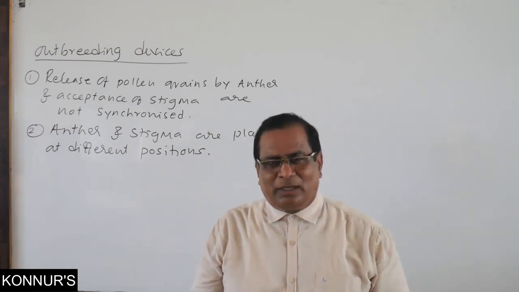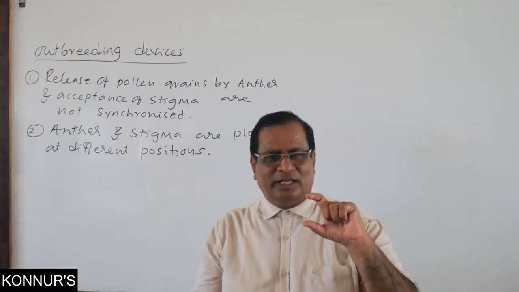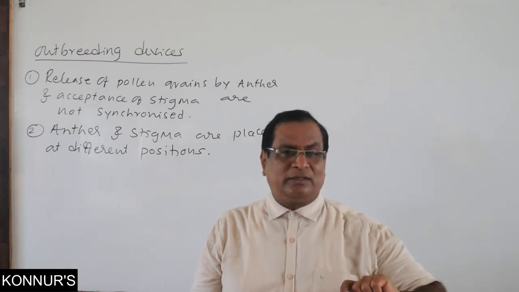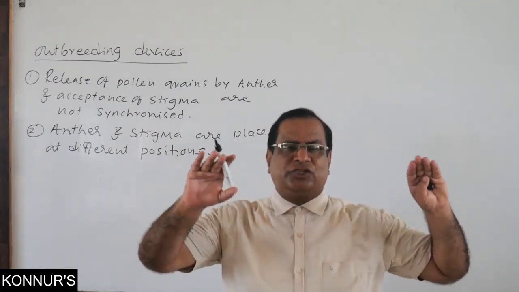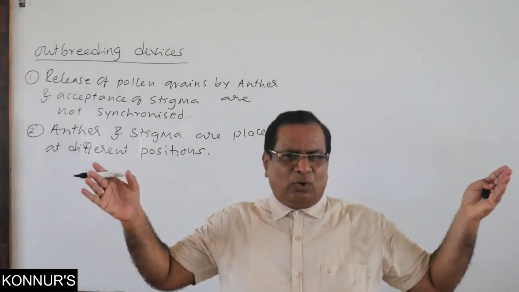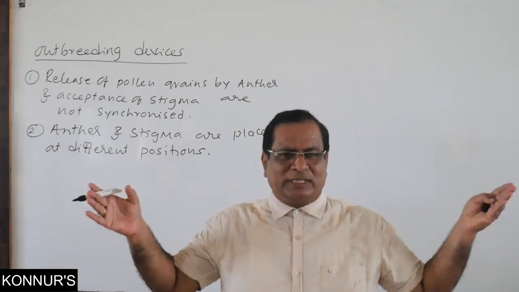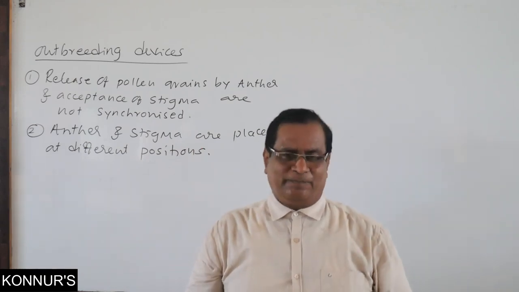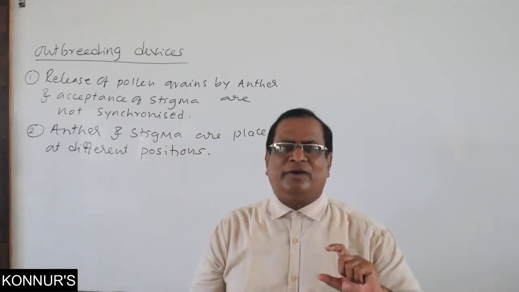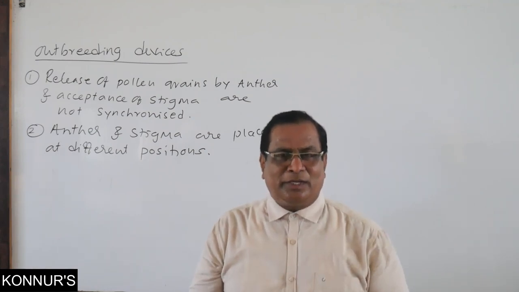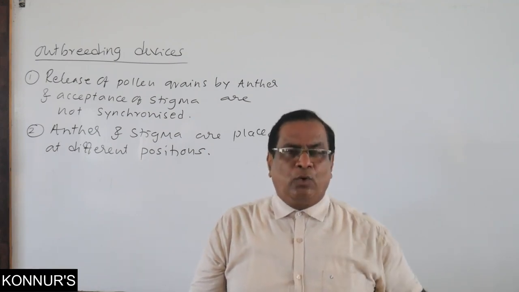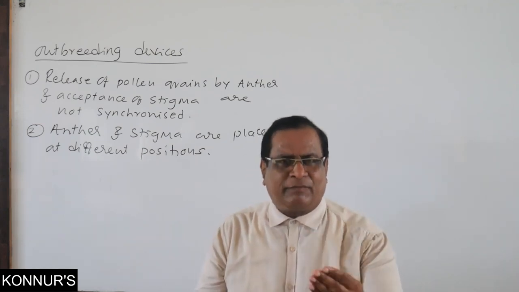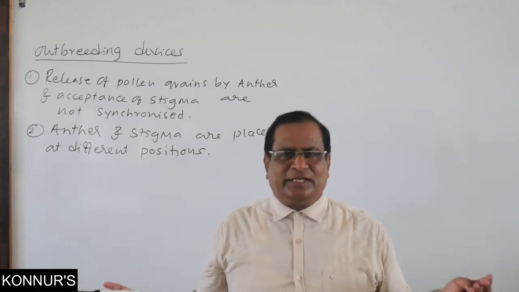Sometimes the style is short and the stigma is hidden in the flower, and the stamens with long filaments are stretched outward, so that the pollen grains released from those anthers cannot reach the stigma of the same flower. Their positions are different. Even though the pollen grains may be released and the stigma is ready to accept them at the same time, the position is different.